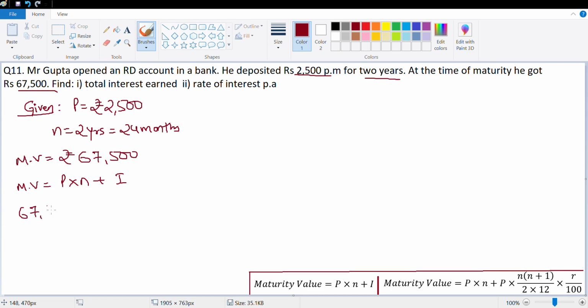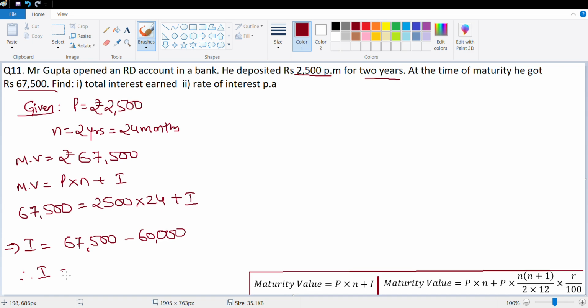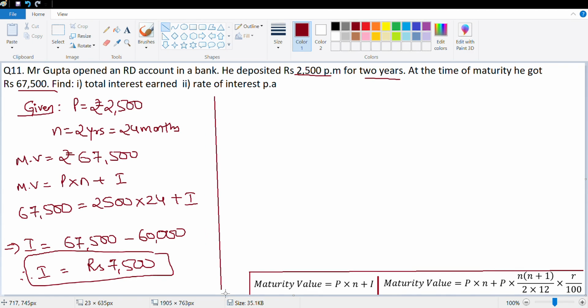Maturity value 67,500 is equal to principal, that's 2,500 multiplied with n, which is 24, plus I, which means I would be equal to 67,500 minus 25 into 24, which is 600, with 2 more zeros, which means 60,000. Therefore, I is equal to rupees 7,500. So the interest earned is rupees 7,500.